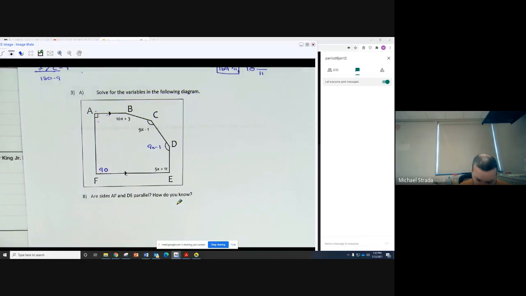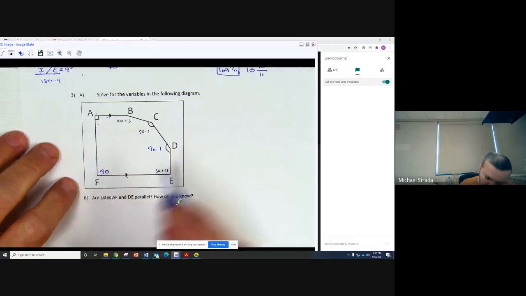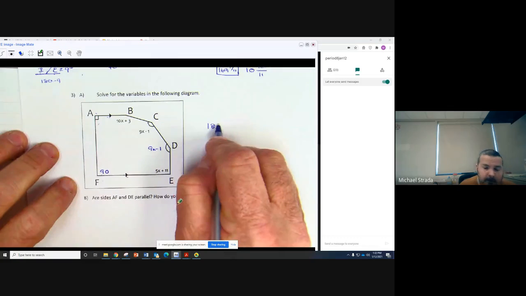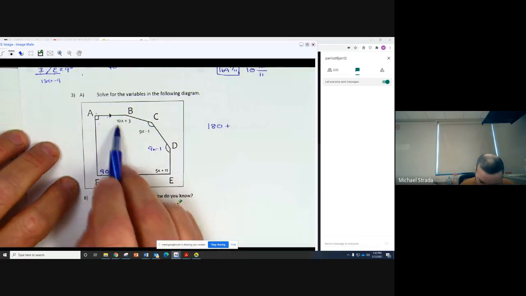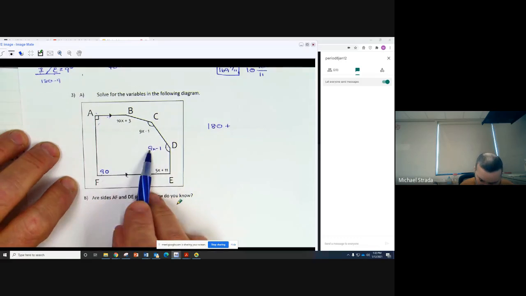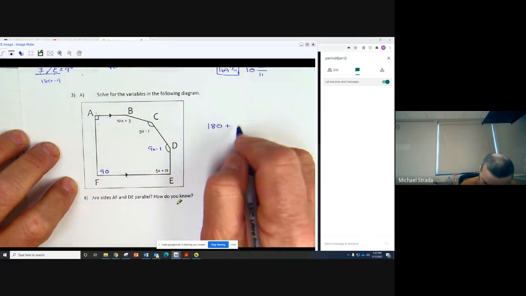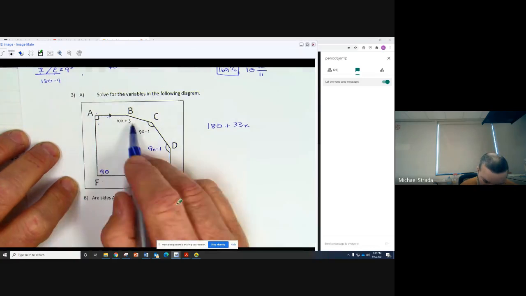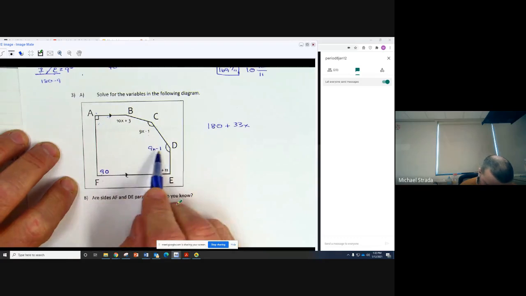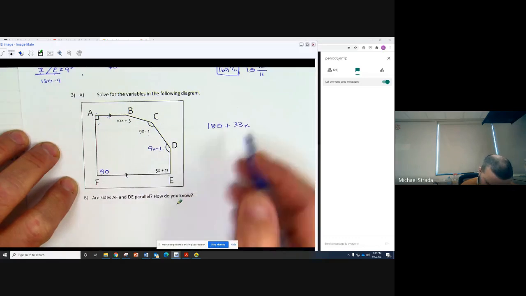So the angles we have thus far, 90 and 90 is 180. Plus 10 and 9 is 19. 19 and 9 is 28. 28 plus 5 is 33x. 3 minus 1 is 2. 2 minus 1 is 1. 1 plus 11 is 12.